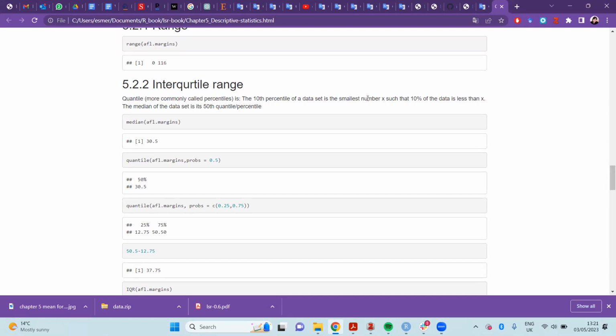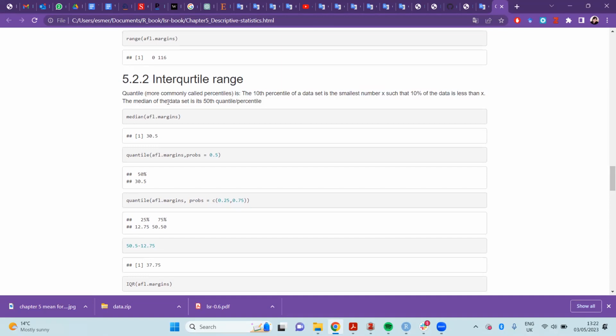We can see that it's like a fraction of the data set compared with the whole data set. I know that makes sense, but possibly you know what it is. Yeah, the second example is more illustrative, in that the median of the data set is the 50th quantile or percentile.